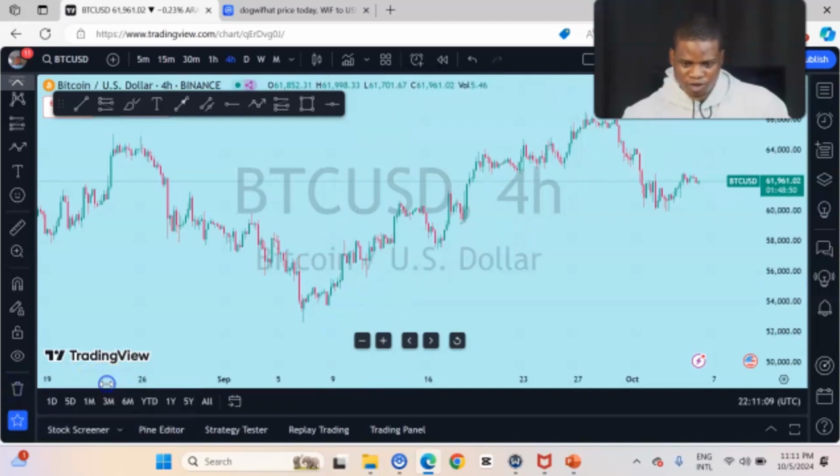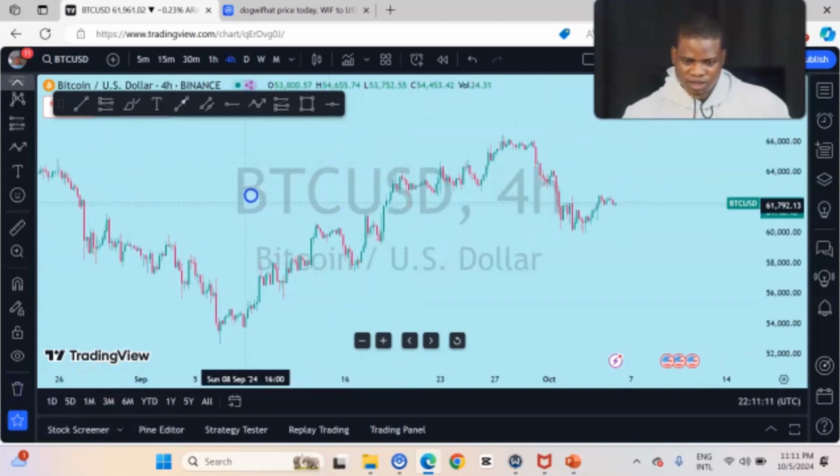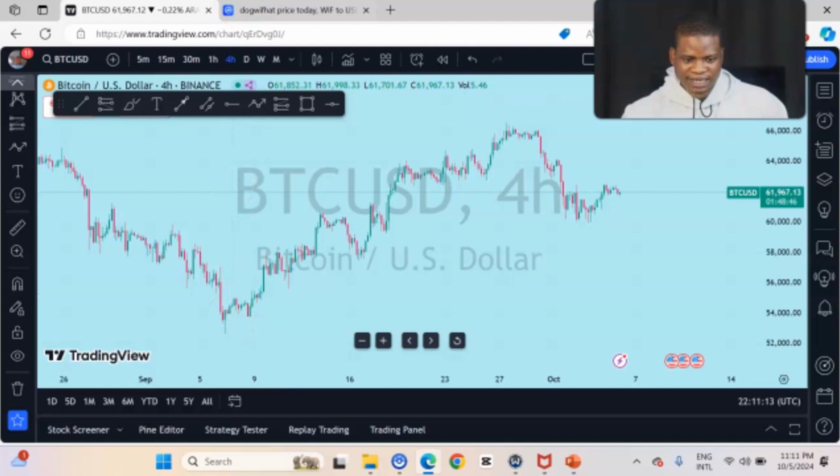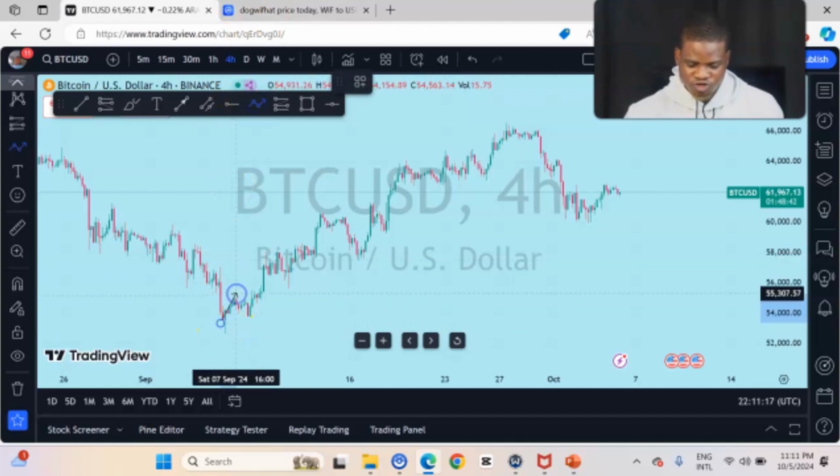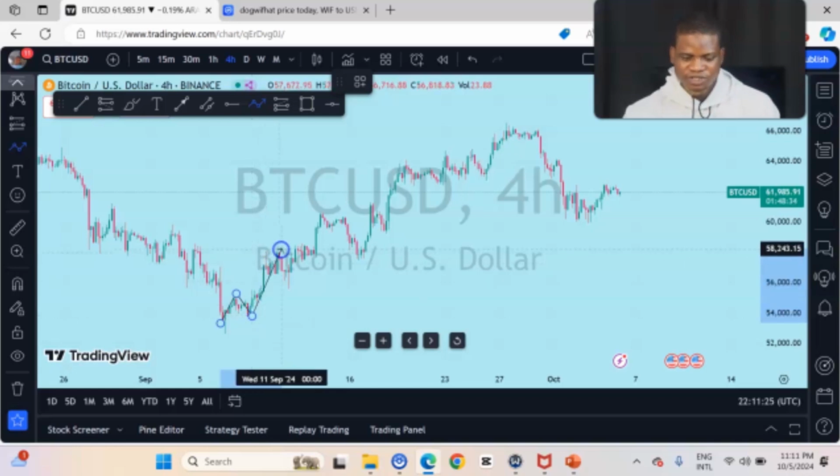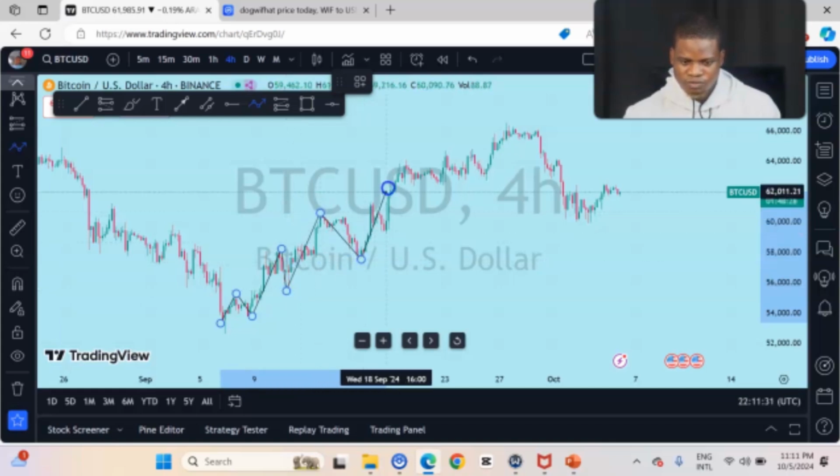So now I want to delete all this drawing. When the market started moving from this point, started from here, moved a little bit, this is a higher high, then a higher low, because this place is higher than the previous low. Then it went up again, giving us a higher high, reverses, higher low, higher high, higher low, higher high, higher low.